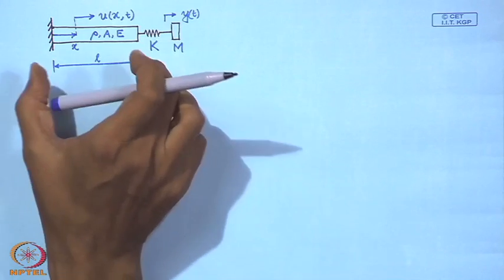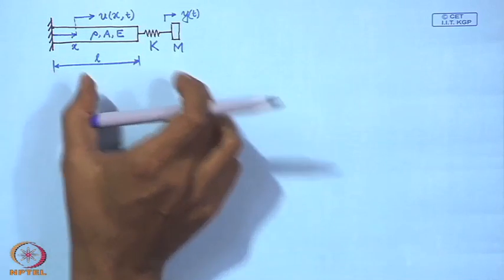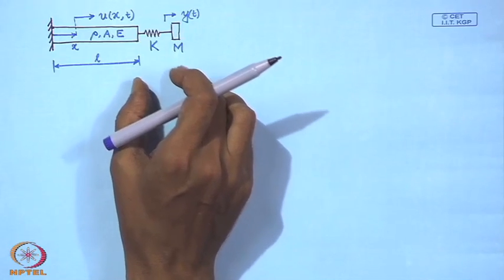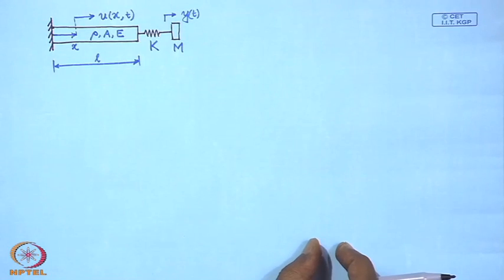So, this example is one such system in which we have a continuous system, which is a bar in axial vibration, with a discrete oscillator attached.